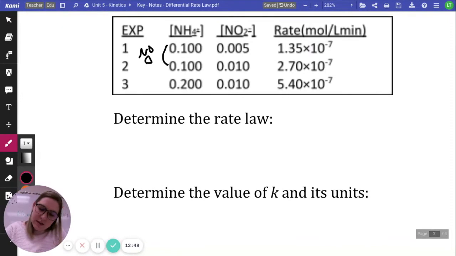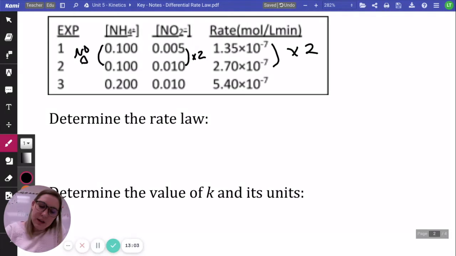But I doubled, I'm going to have to write it on this side since I don't have enough space, my concentration of NO2. And that also caused my rate to double. All right, so we can already see that NO2 is going to be first order.